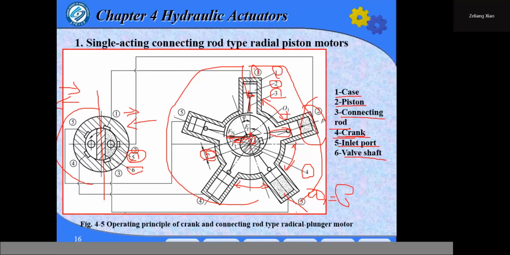This is the operating principle of the single acting connecting rod type radial piston motors.